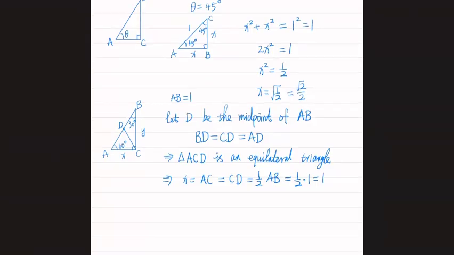Then we find the second side, y, with the Pythagorean theorem. We know that x squared plus y squared, and x is 1/2.